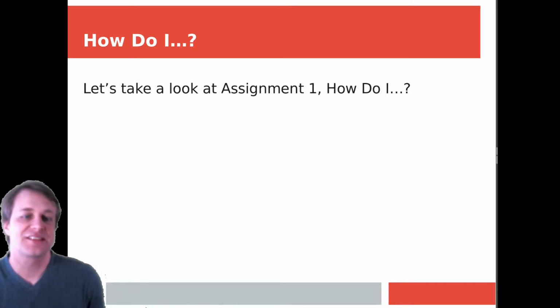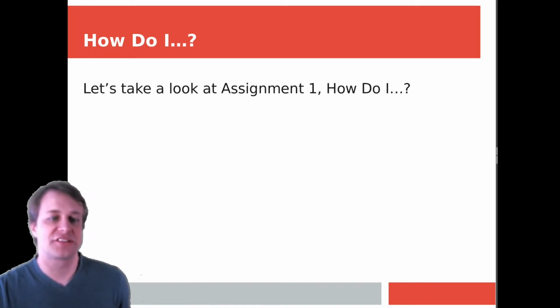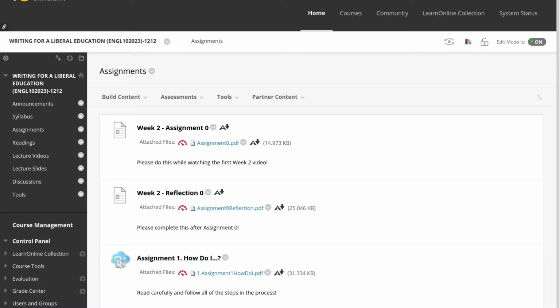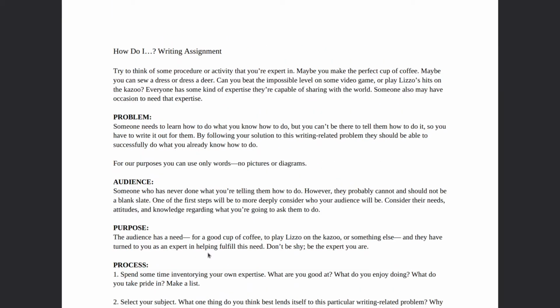So let's take a look at assignment 1 and talk about your assumptions for the audience, and also talk about how I expect you to do research for this. Okay, again, we're in the assignments section on Blackboard, and I've uploaded assignment 1, which is the how-do-I writing assignment.